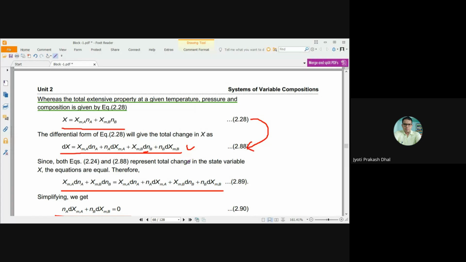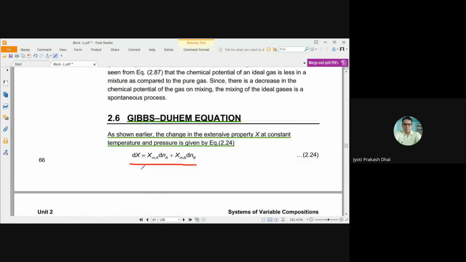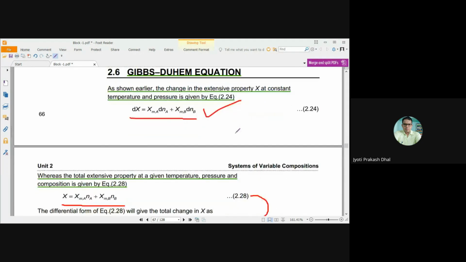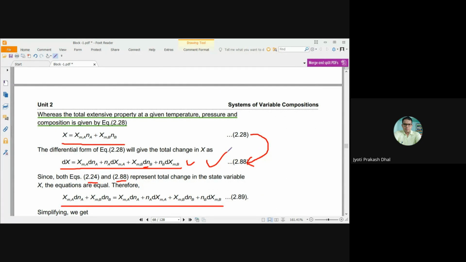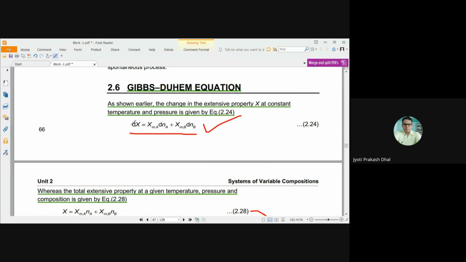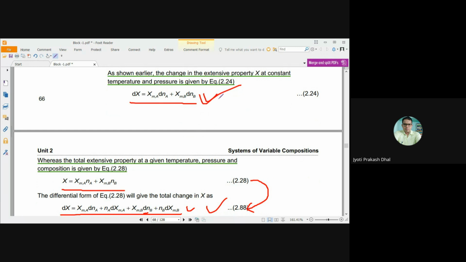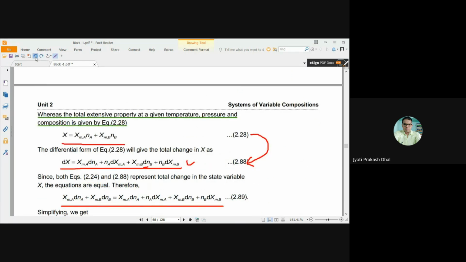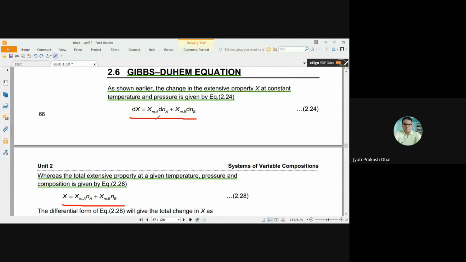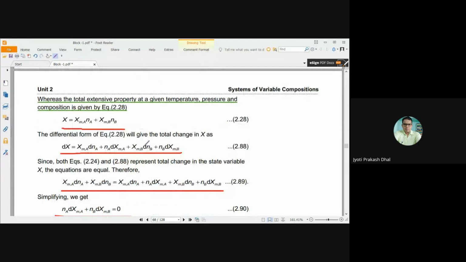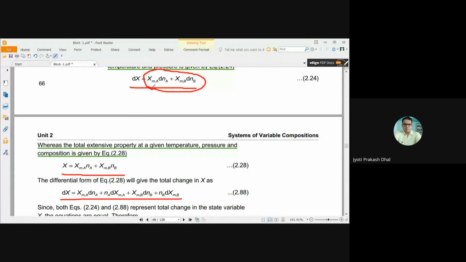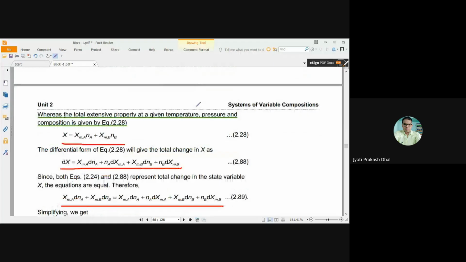Now if we compare equation 24 and equation 28, in the right-hand side of equation 24, both the terms X m a dn a plus X m b dn b are there. Both those terms are here as well.